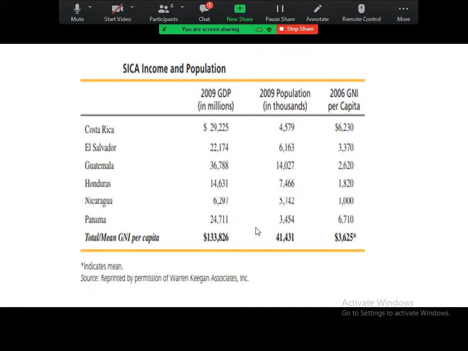Now, the next table is SICA income and population. Just look at this table. The Secretariat for Central American Economic Integration, headquartered in Guatemala City, helps to coordinate progress towards a true Central American Common Market.